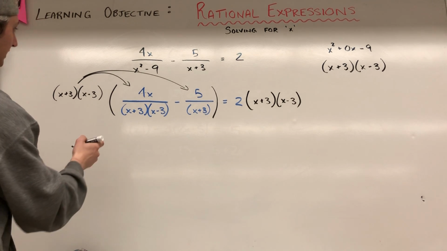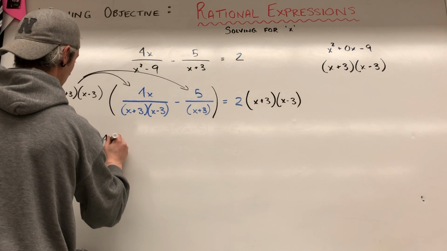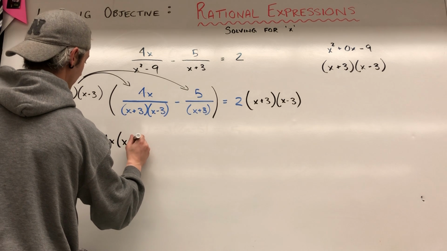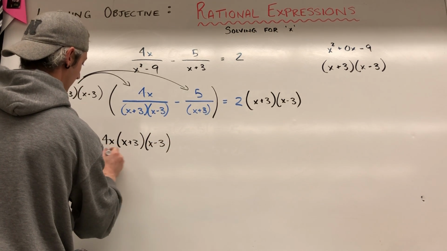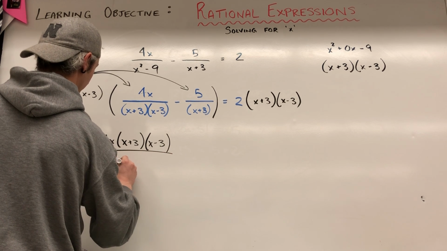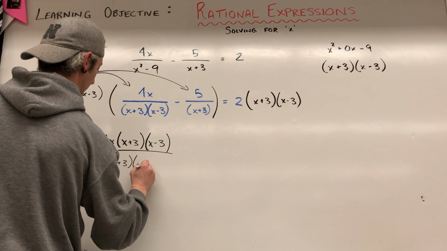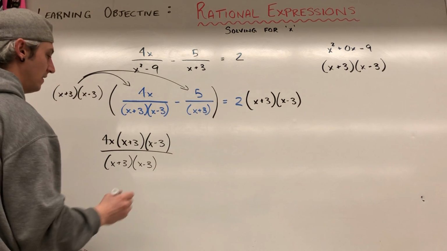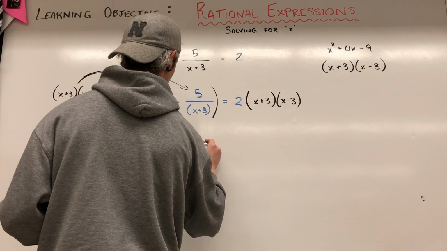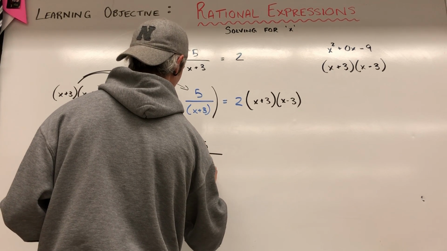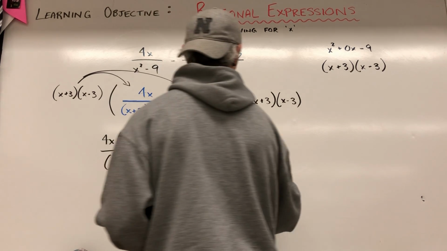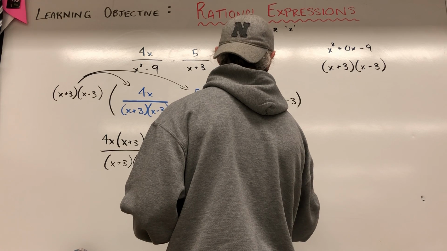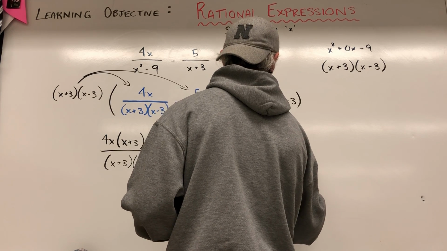When we rewrite this, it becomes 4x times x plus 3 times x minus 3 over x plus 3, x minus 3, minus 5 over x plus 3, is equal to 2 times x plus 3, x minus 3.